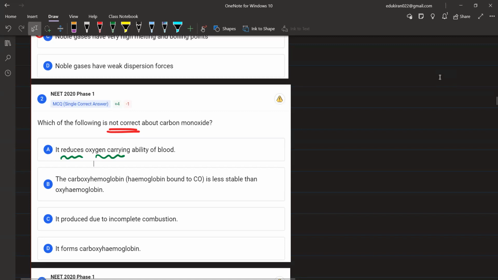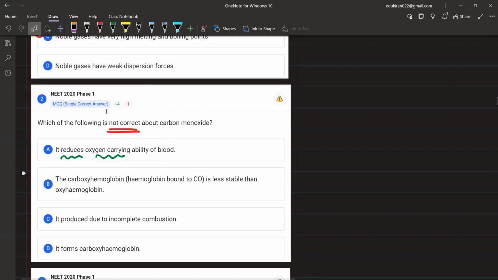So oxygen cannot travel in the blood because instead of oxygen, what is attached to hemoglobin? Carbon monoxide. But carbon monoxide, when it is attached to hemoglobin, it is not as stable as when we have oxygen attached to hemoglobin. Okay? So what is more stable and what is more easily attached? Only pure oxygen is more easily attached rather than carbon monoxide. So that is why it reduces.